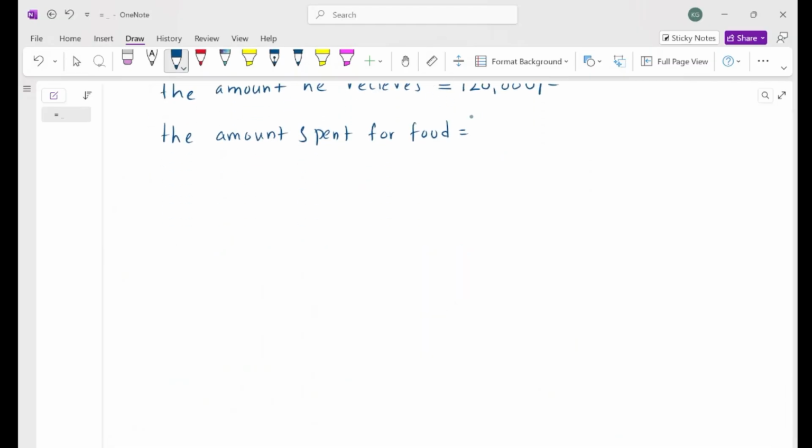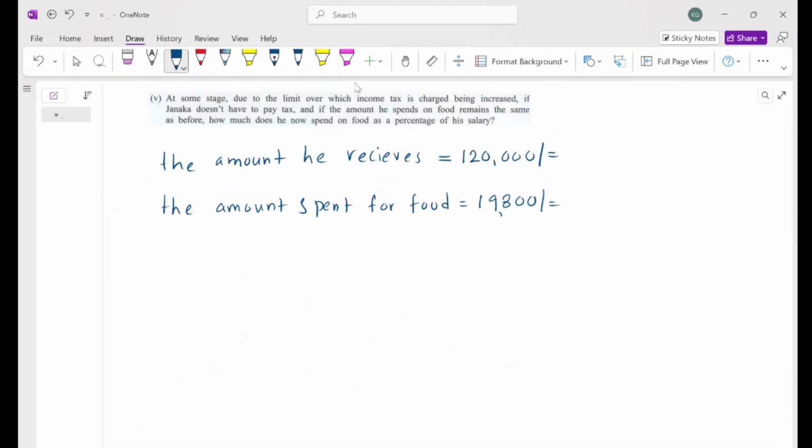So this is found as 19,800. Okay, so what we have to find is the percentage for food.